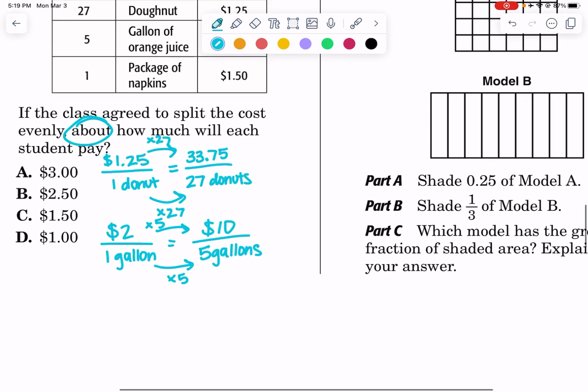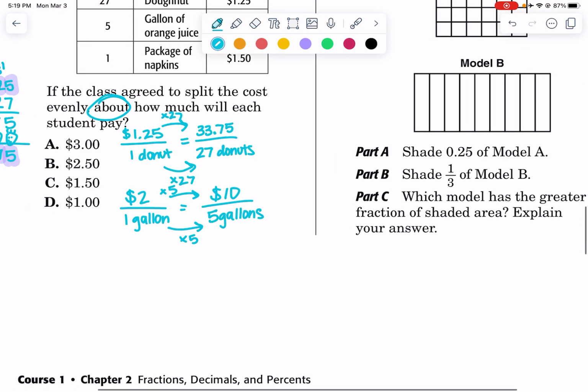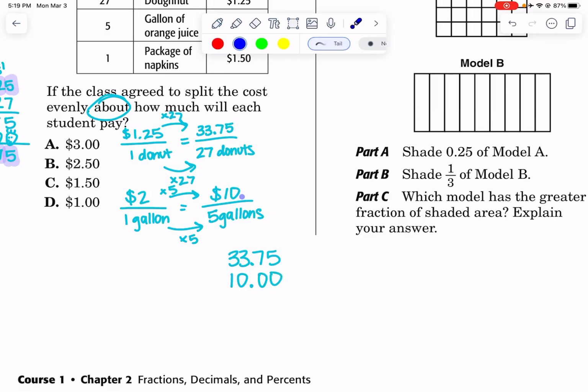Now let's add these together. So the donuts cost $33.75. The juice cost $10. I do need to line up my decimal. There's an invisible decimal after the 10 here. So I'm going to place that invisible decimal and add these ghost zeros. And then the napkins were $1.50.